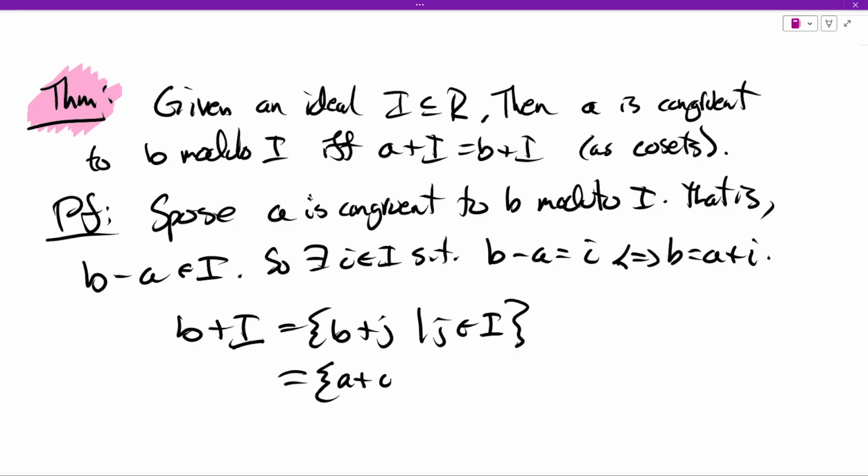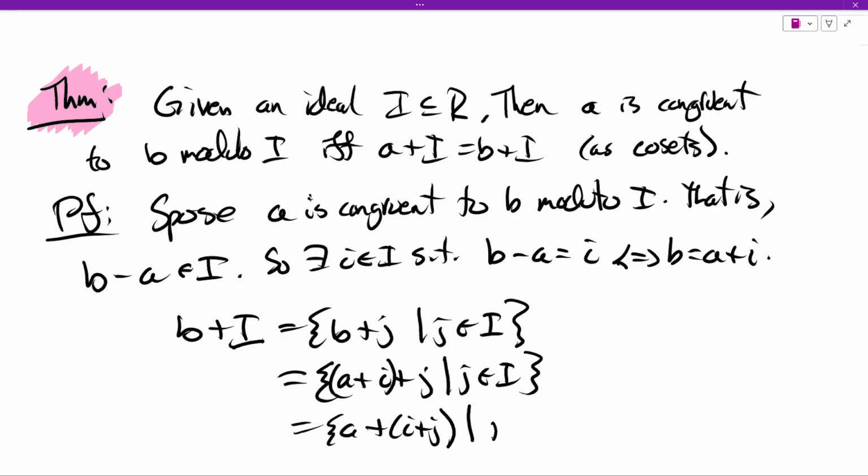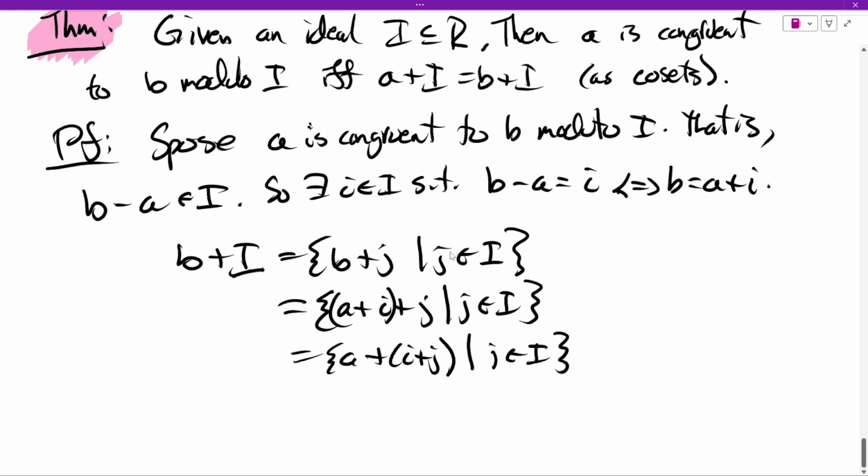So I can plug in an A plus i here. I'm going to put some parentheses around it. But that's A plus i plus j, where j is in I. Now I is an ideal, j is in I, and i is in I. So this guy is in I.